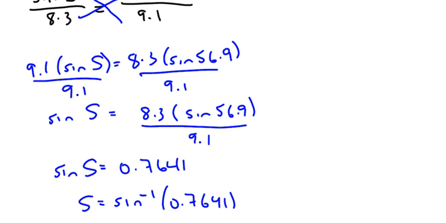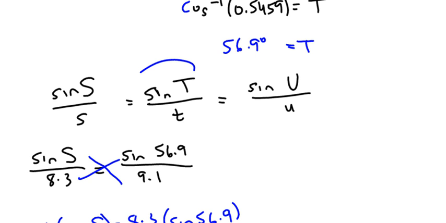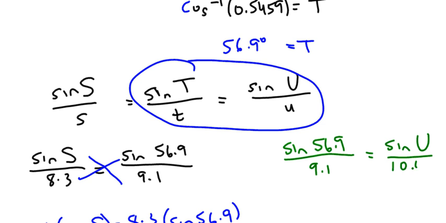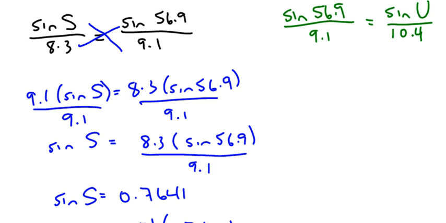And now I'll do basically the same math, and this time I will take this in order to solve for u. So let's just grab a different color to differentiate it. So now I'm going to have sine t over t is sine u over u. And again, it's a perfect proportion, so I cross multiply.